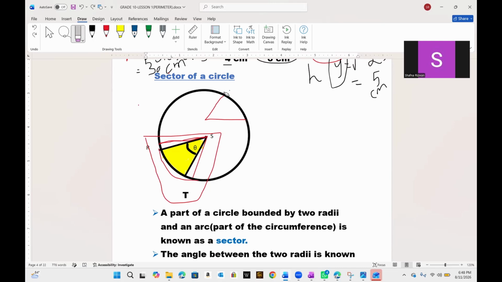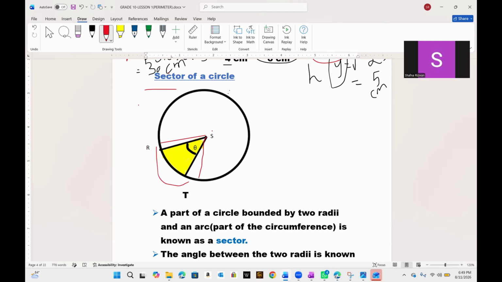So always remember that. Did you all understand? You have a part of the circle covered by two radii and an arc like this. Then you call this part of the circle a sector of a circle.